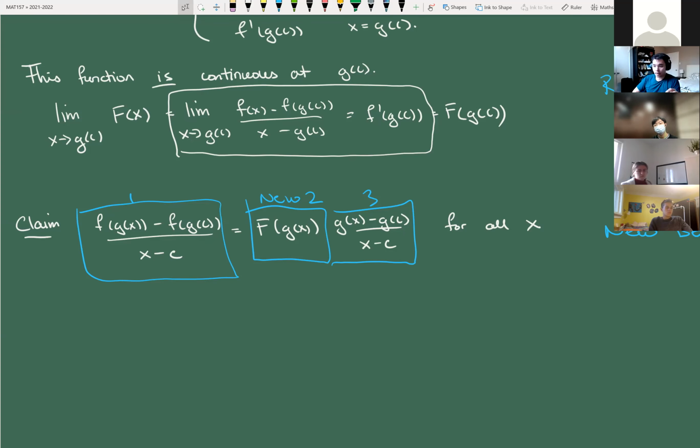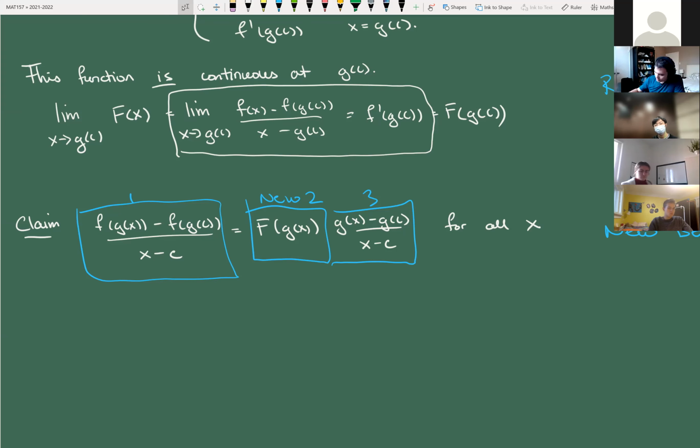You would get exactly that definition. It's just a number, so everywhere you would normally put in your number, you put in g of c instead.